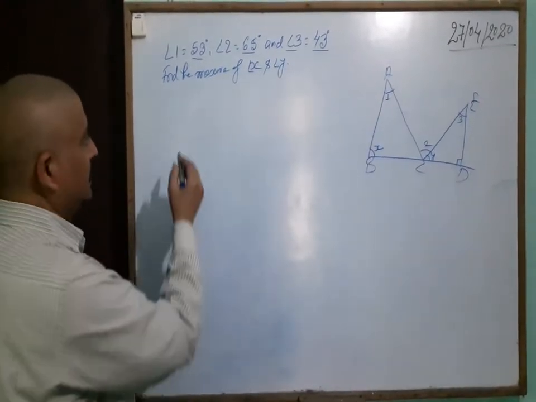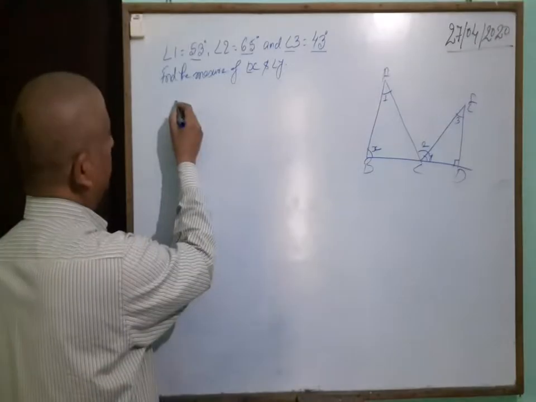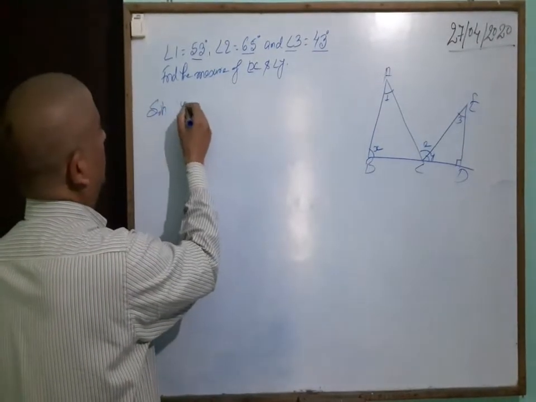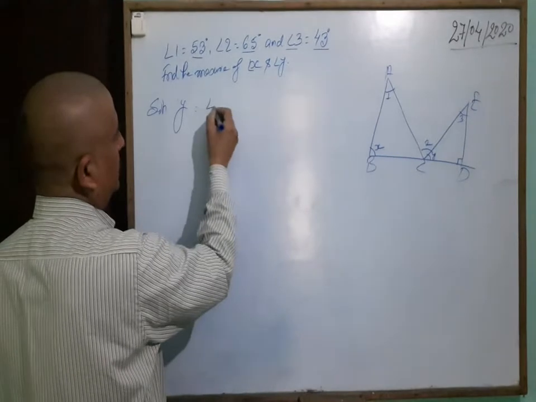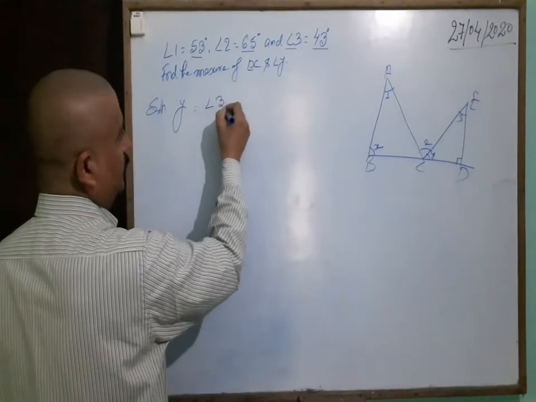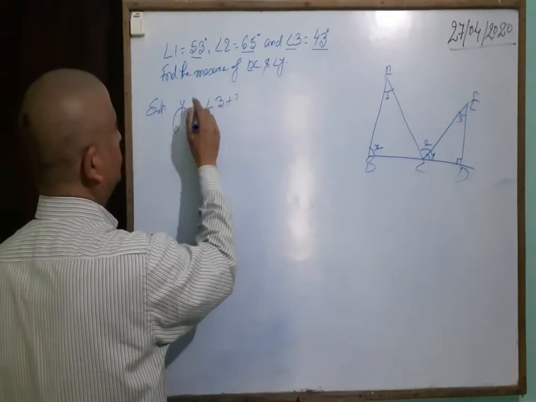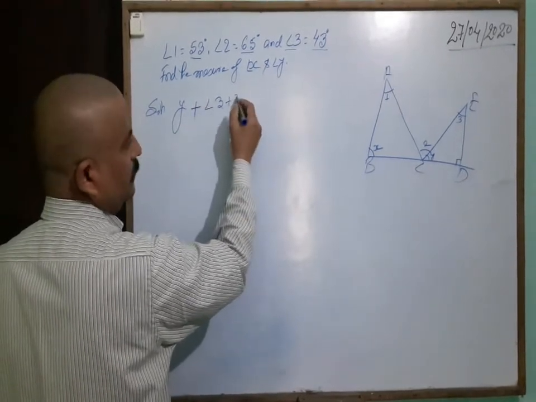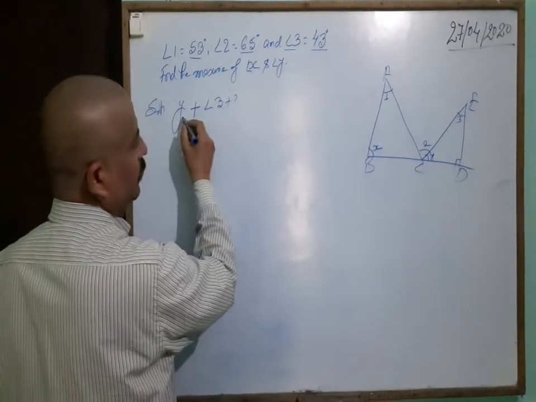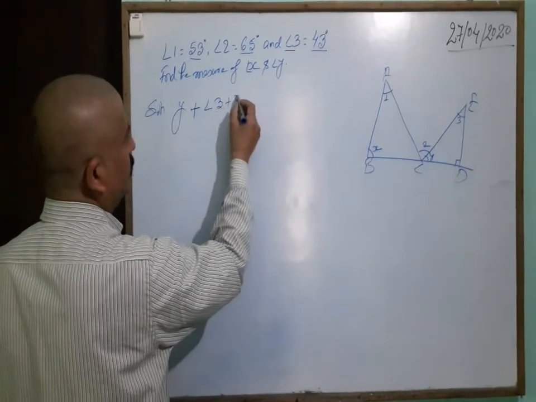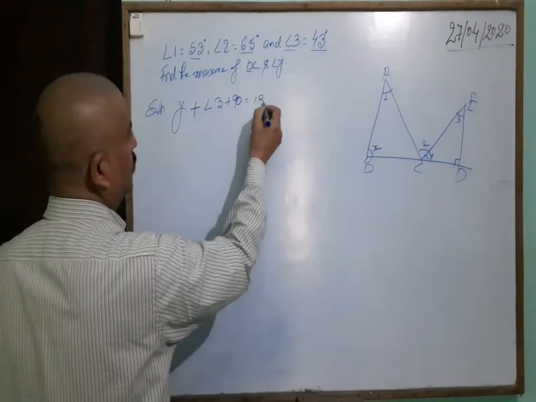So first of all, we take y equals to angle 3 plus angle y plus angle 3 plus 90 degrees equals 180.